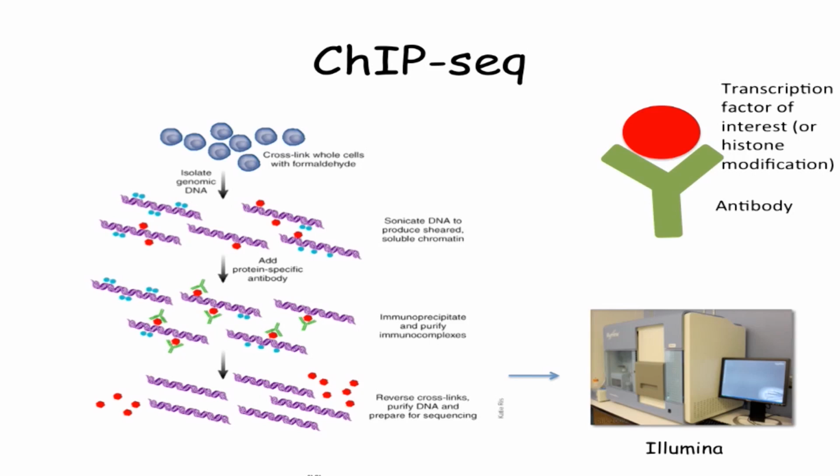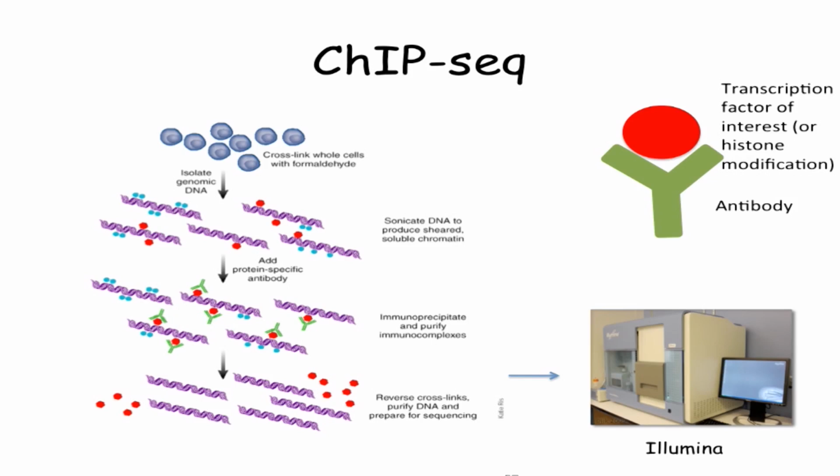The idea behind ChIP-seq is that you have an antibody that recognizes a protein of interest, a transcription factor, typically a protein that binds to the DNA. And you want to know where the protein binds on the genome, for example, on the human genome. So what you basically do is pull down the protein together with the DNA that the protein binds to, right? And you take the DNA and you sequence it and you map it back to the genome and it tells you where the protein binds.